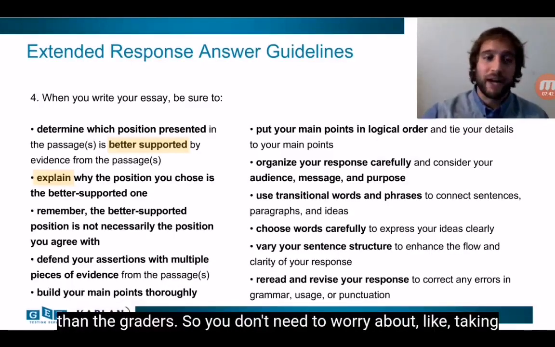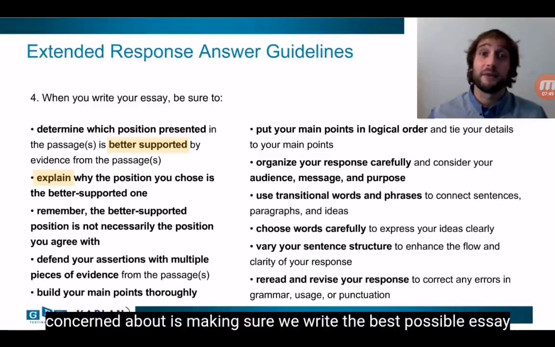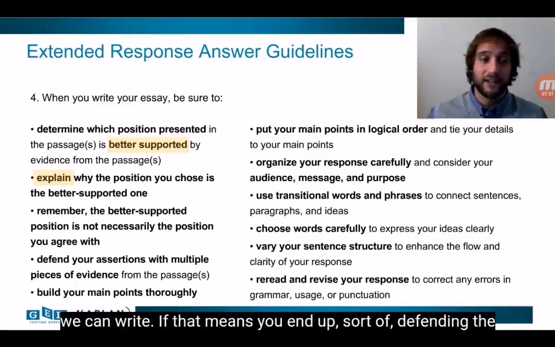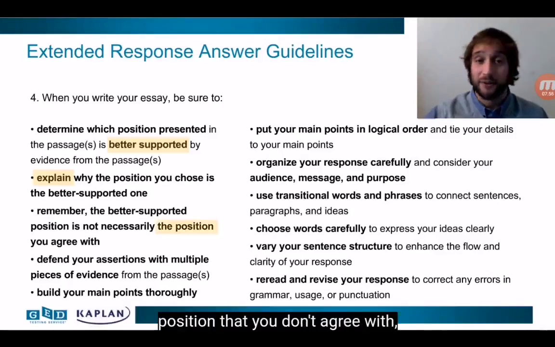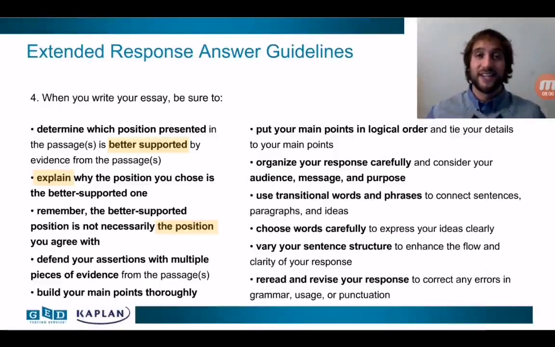So you don't need to worry about taking a position that you really detest, right? The only thing we are concerned about is making sure we write the best possible essay we can write. If that means you end up sort of defending the position that you don't agree with, that's okay. That's okay for the purpose of this exercise. To get the most points, that's what we want to do here.